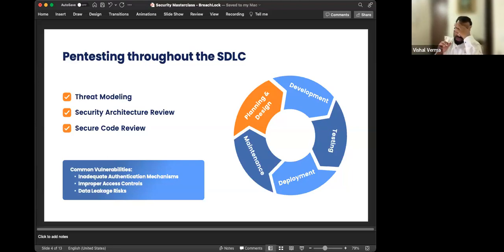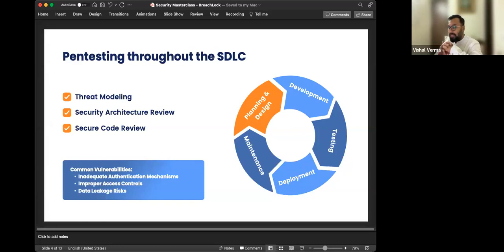Embedding pen testing throughout the SDLC lifecycle not just ensures, but also assures the organization, the C-suite and the executive management that security is baked in appropriately right from the foundational level. And even if security flaws or vulnerabilities are identified, it would require minimal fine tuning of the security settings to bring it to an optimum level to meet the benchmark of the security requirements within the application.